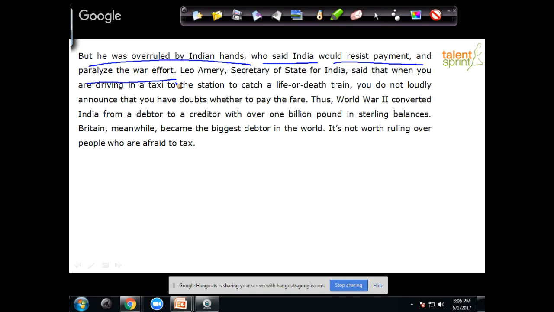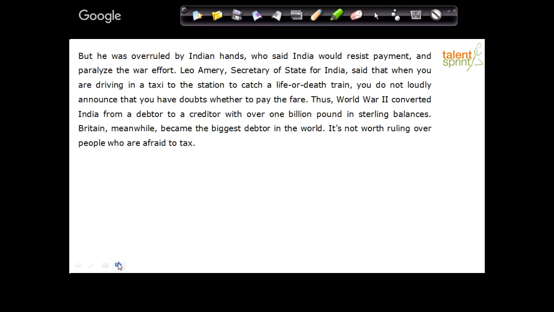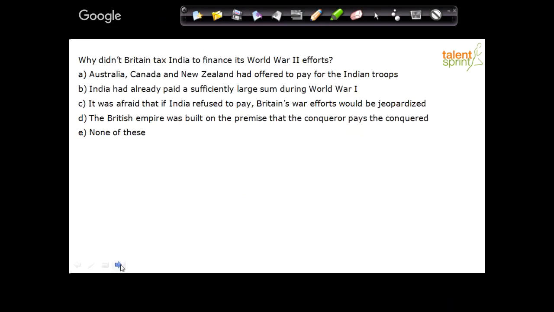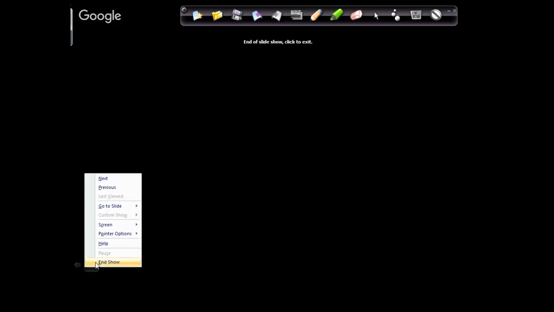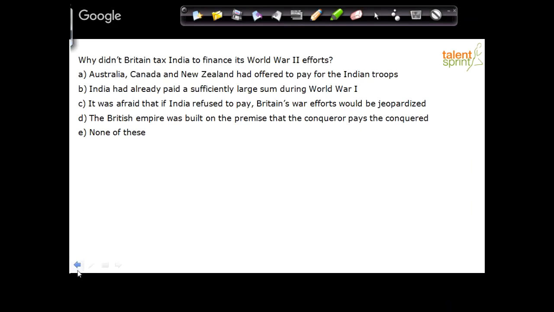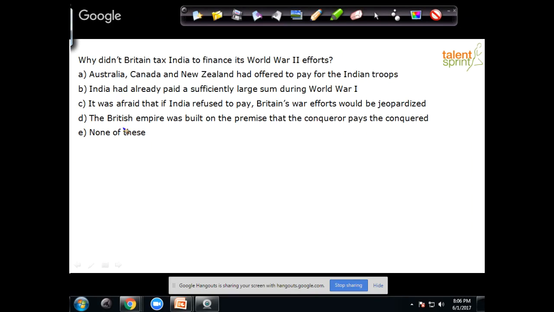So which means our answer to the last question is, it was afraid that if India refused to pay, Britain's war efforts would be jeopardized. India is literally threatening. So last para, first line gives us the answer. Yes, Amrit, correct.